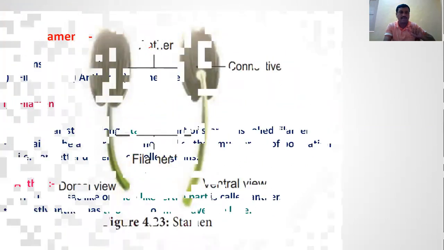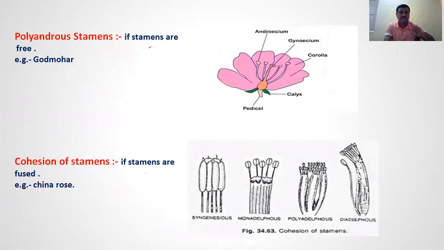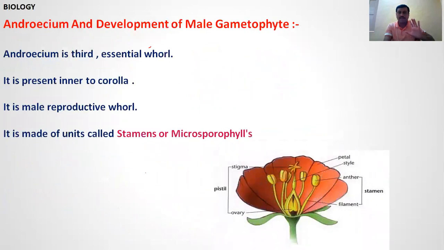In this lecture we have also seen the Androecium. It is the innermost whorl, inner to the corolla. It is the male reproductive whorl, and its unit is called the stamen. The group of stamens is called the Androecium, and the singular is the stamen.